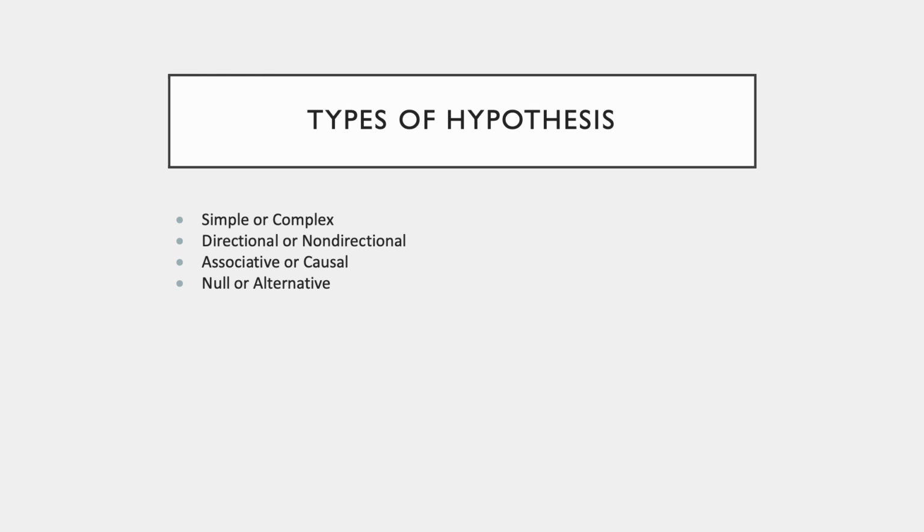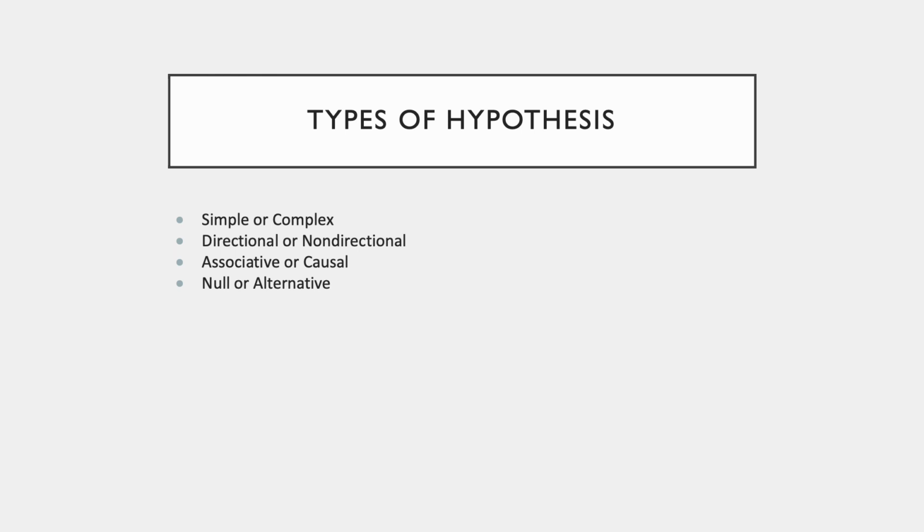A directional hypothesis predicts the relationship among variables, whereas a non-directional hypothesis has no theory and does not state a relationship among variables, but does not predict the direction.